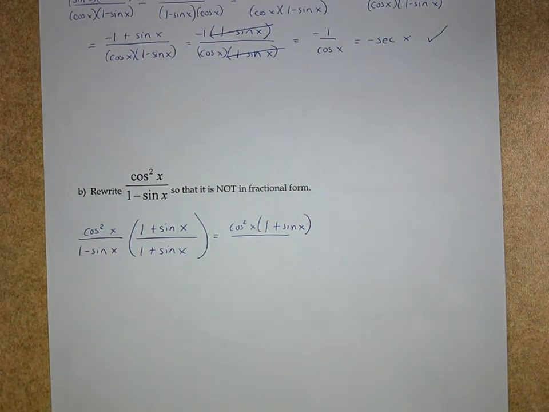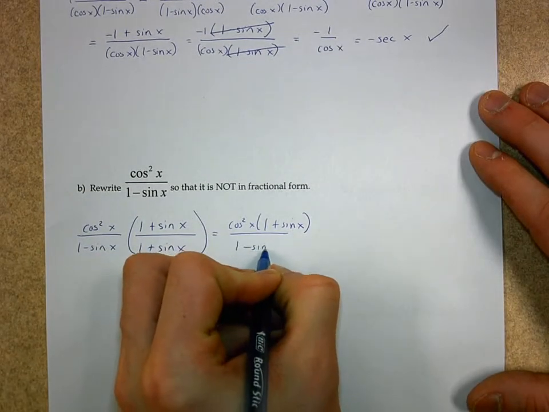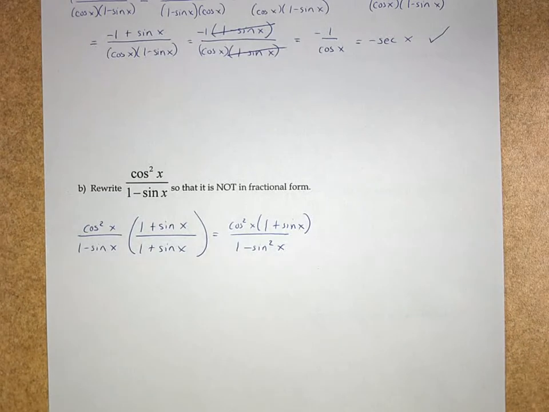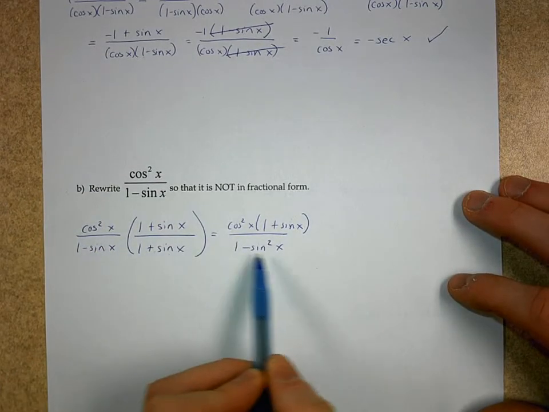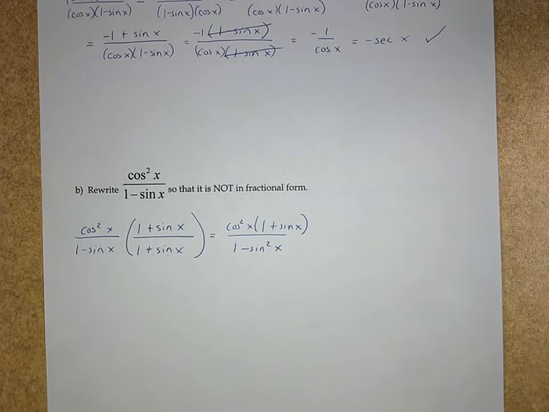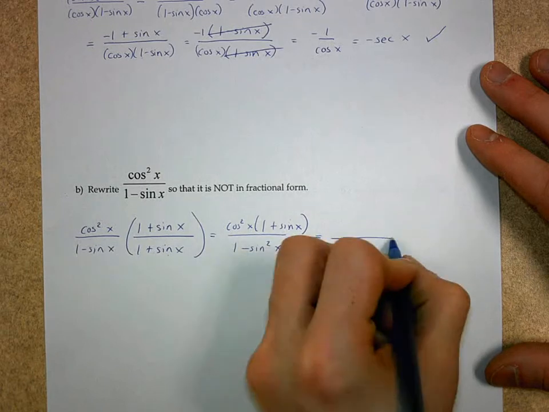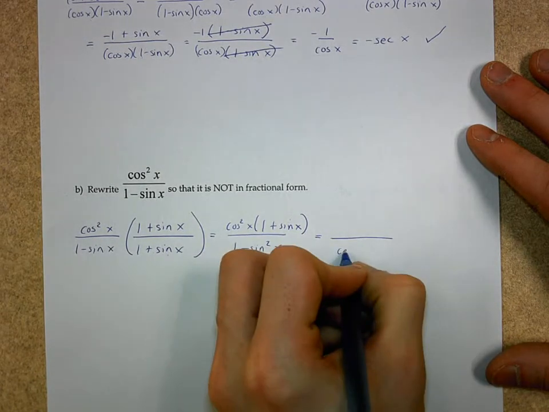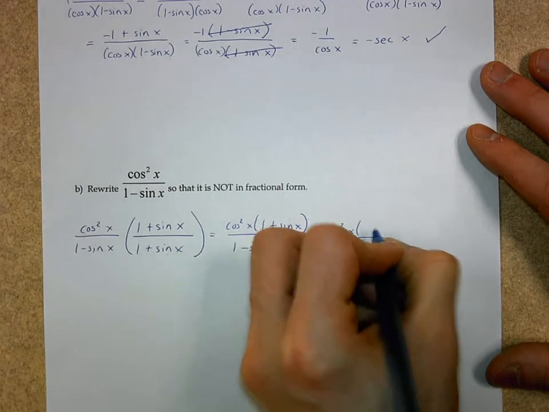My denominator, though, I can see if I FOIL this out, is going to become 1 minus sine squared of x. These two factors are the result of the difference of two squares, which is what we have right here, the 1 minus sine squared of x. And from our Pythagorean identity, 1 minus sine squared of x is the cosine squared of x.